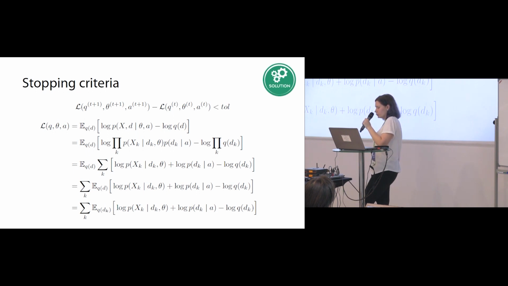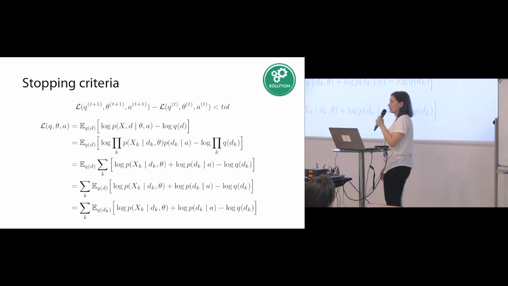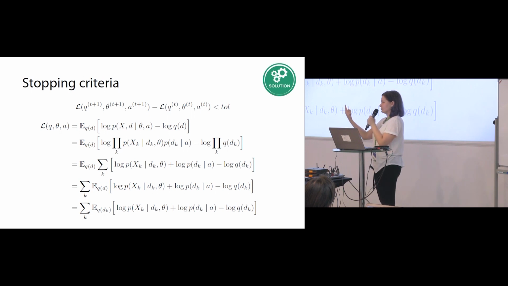Usually we use L since it's one number, and parameters may be a vector of 1 million elements. That's easier. But yes, you can compute the difference between the vectors of parameters and then compute the norm of this vector. That will work too.